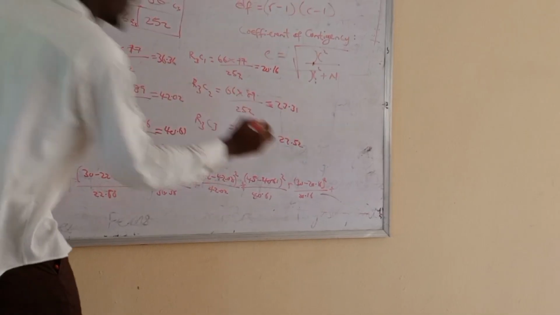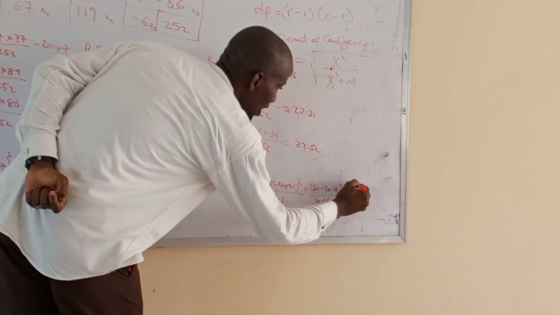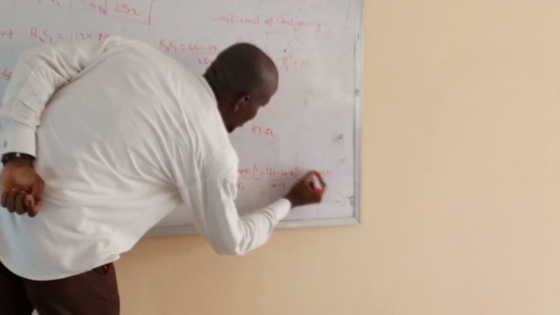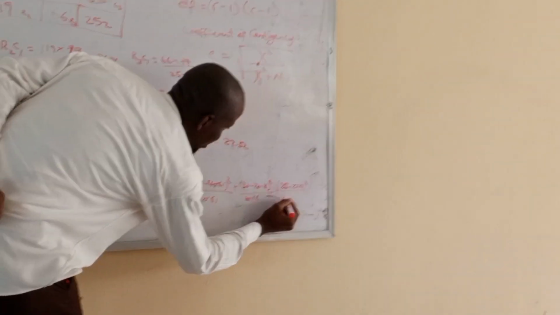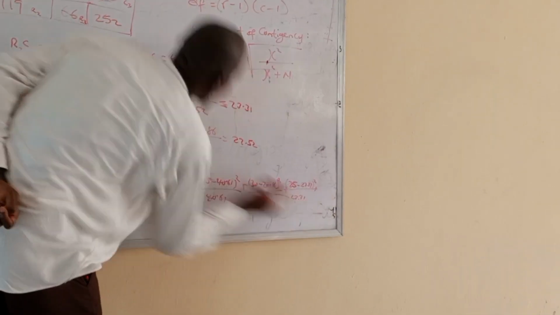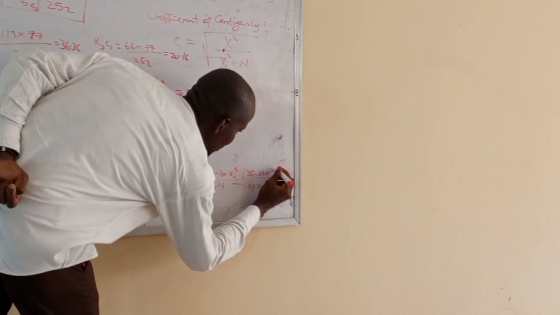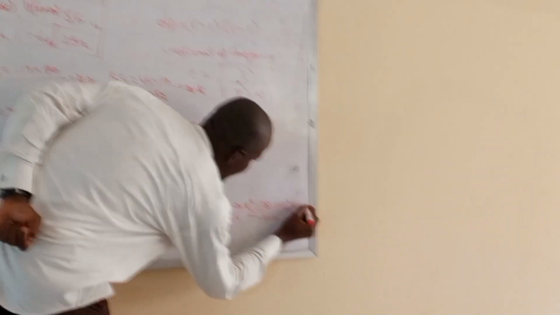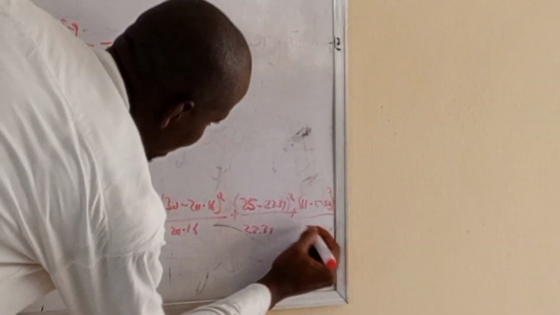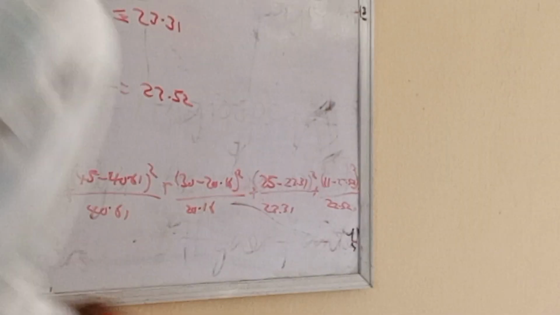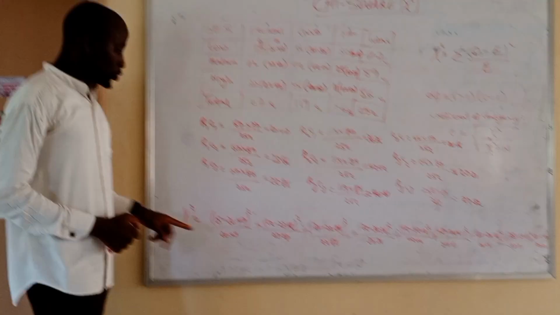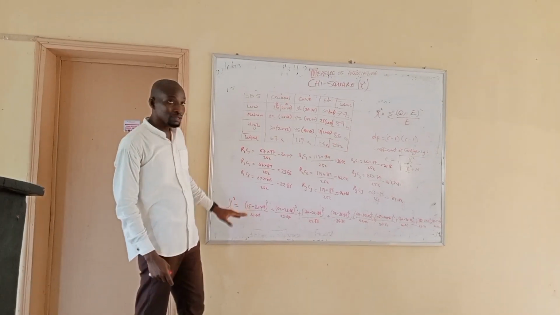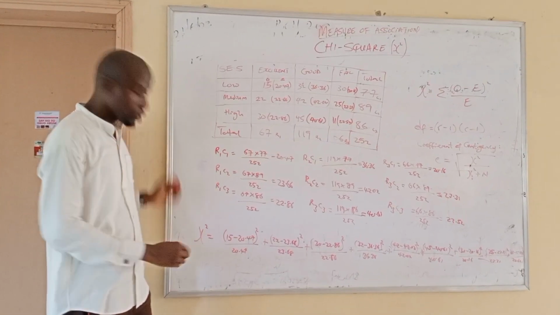The eighth one, 25 minus 23.31, then you square, divided by 23.31. Then the last one, 11 minus 22.52, then you square, divided by 22.52. Just like you are reading it out, you also use your computation one by one. You are going to be getting 9 values that you will sum together.